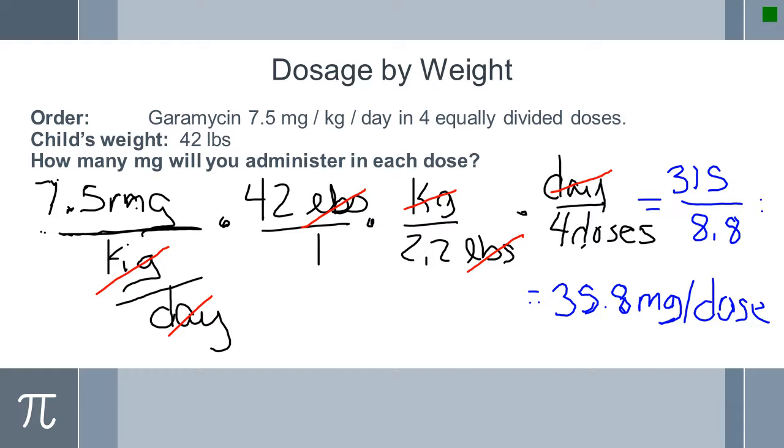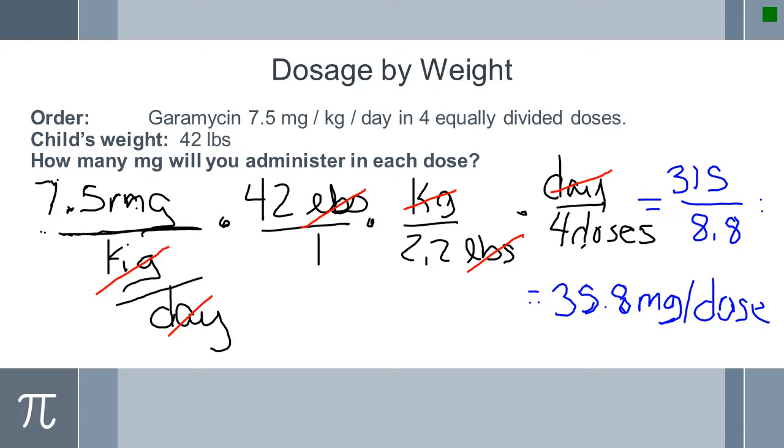Now this one says in 4 equally divided doses. And this says how many milligrams will you administer in each dose. So we want to be able to break this down into doses. And our order is per day. So I'm going to stick my day down here because I need one column with all of that information.